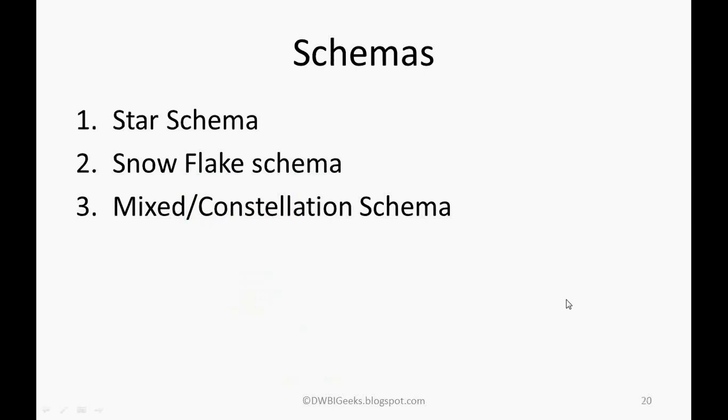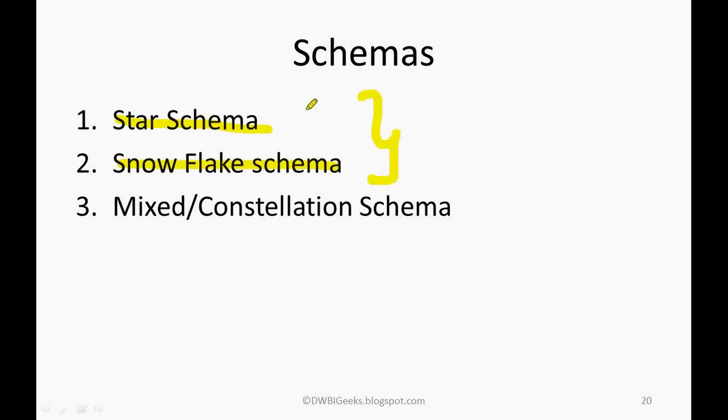Here the schemas are divided into three types: star schema, snowflake schema, and mixed or constellation schema. But coming to our OBI tool, there we can handle only star schemas and snowflake schemas. In most data warehousing tools and terminologies, they support only these two.